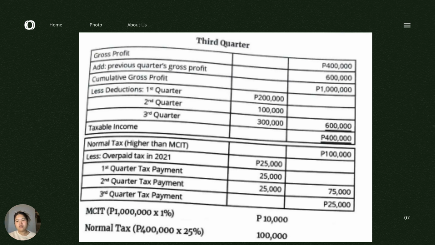From this, the total accumulated credit of 75,000 is deducted, which includes the overpaid tax of 25,000, the first quarter tax payment of 25,000, and the second quarter of 25,000. So we deduct 75,000 from 100,000, and it results in 25,000. So the third quarter tax payment is 25,000.